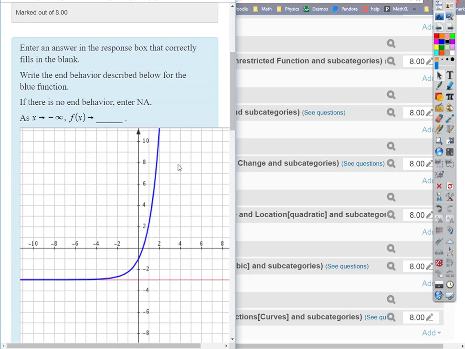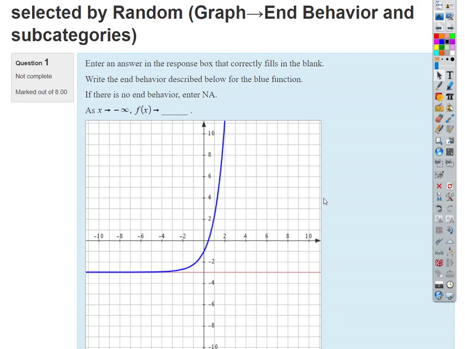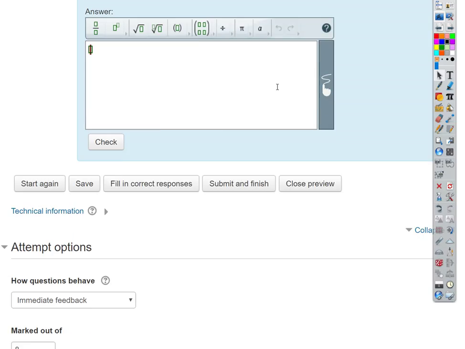Okay, what about one like that? What's the answer going to be there? As x approaches negative infinity, f of x approaches what? -3. Yeah, everybody see that? As the ant goes forever to the left, the y value sticks to -3, right? Okay, does that make sense?